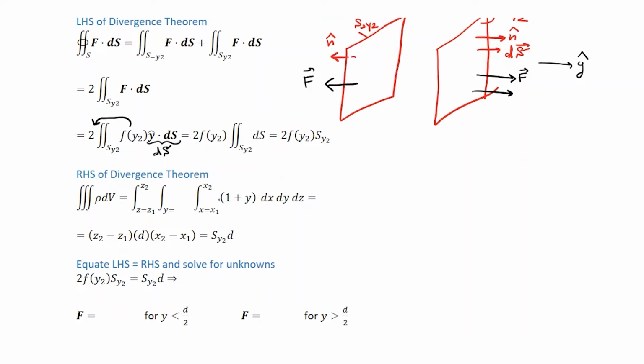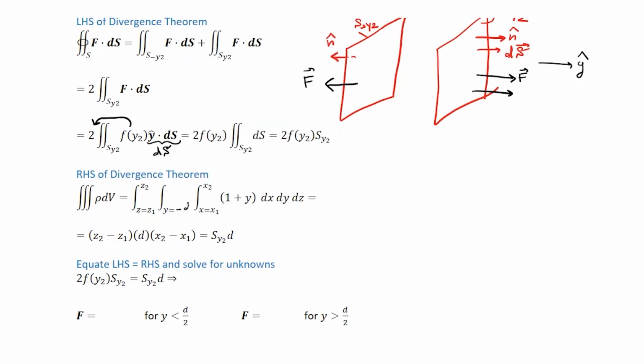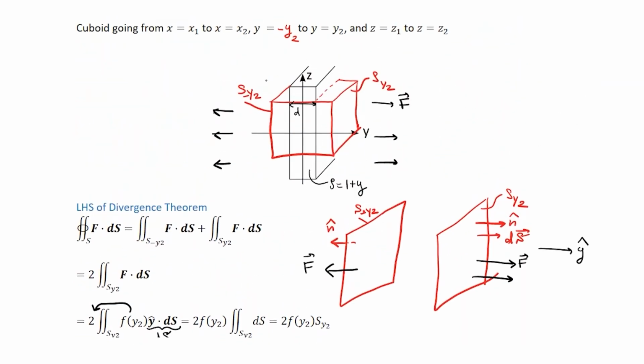Because I put 1 plus y in the integrand, instead of negative y2 here, I need to put negative d over 2. It's really important that you get this step right. And the upper bound is d over 2. So I'm integrating from here to here.